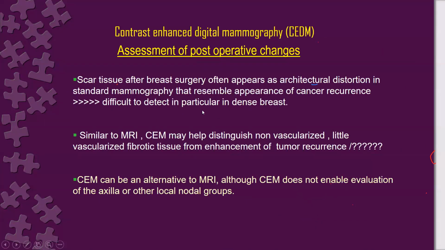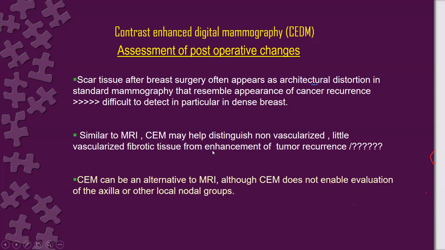So post-operative changes, the scar tissue after surgery appear as architectural distortion on the standard mammography, resembling definitely the recurrence, and it is challenging and difficult to differentiate, especially in dense breast. And as on MRI, lack of enhancement is reassuring and excludes tumor recurrence.